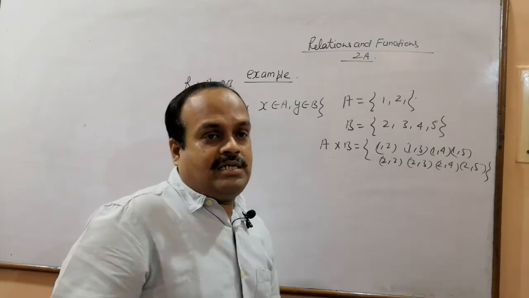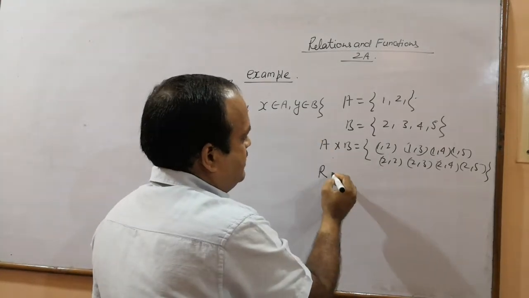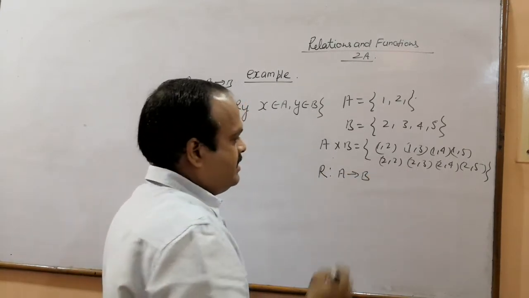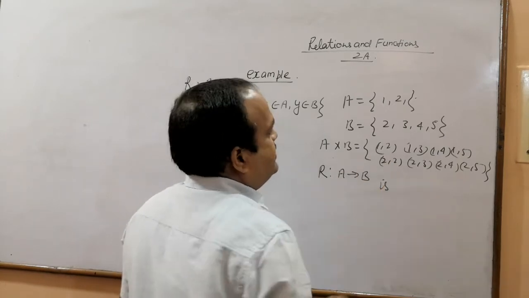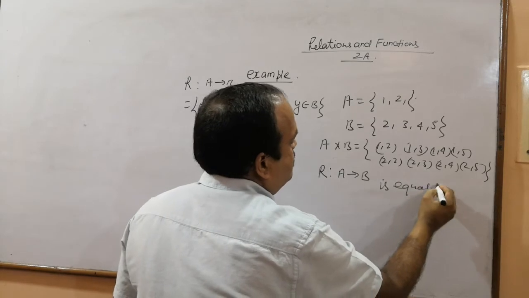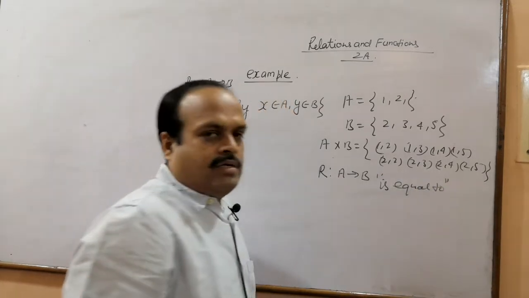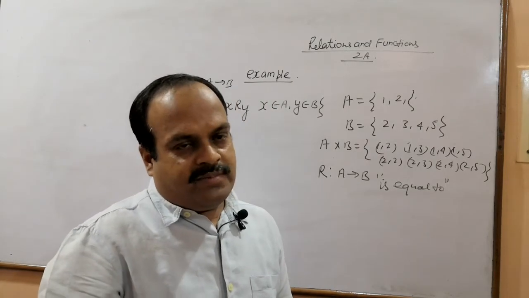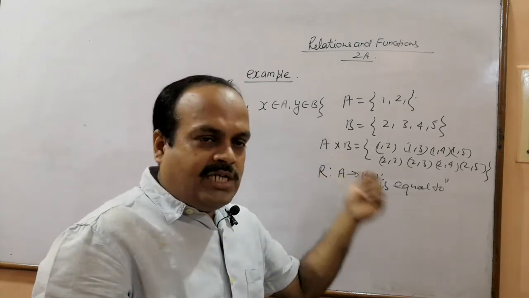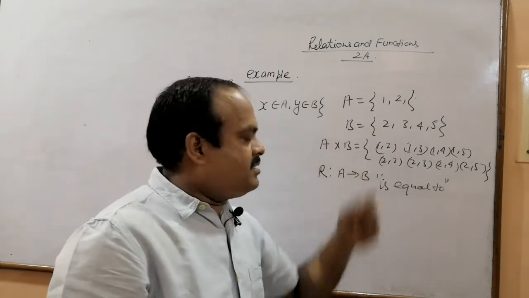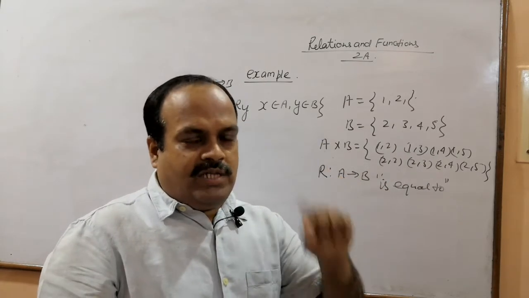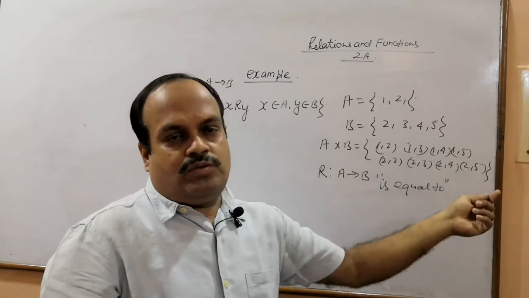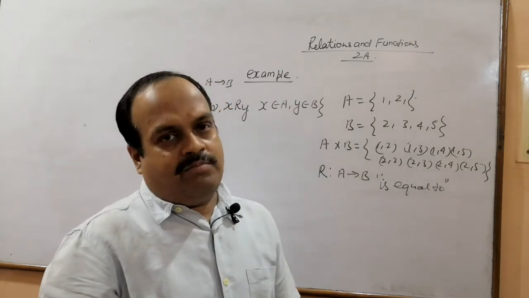If you want to define the relation from A to B such that it is "equal to", then if the relation is defined by this sentence, you need to get a subset of A cross B with its elements in such a way that the first entry is equal to the second entry of every element.